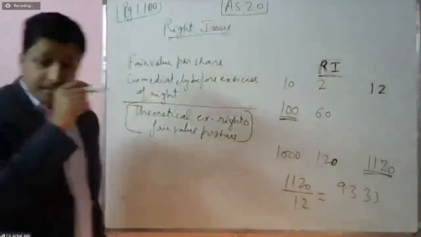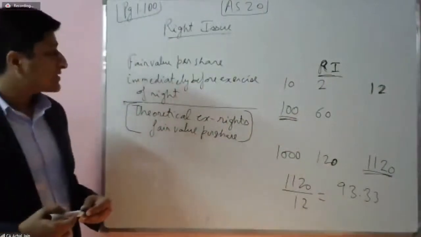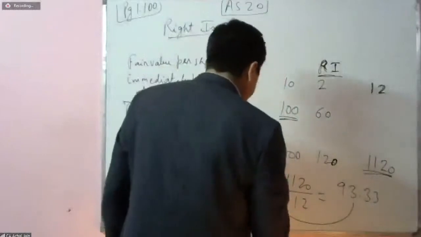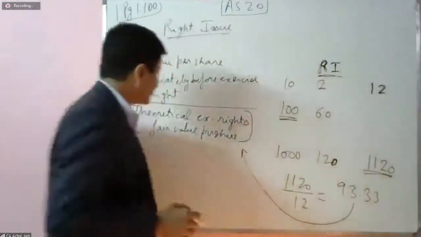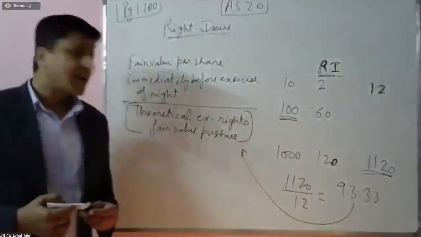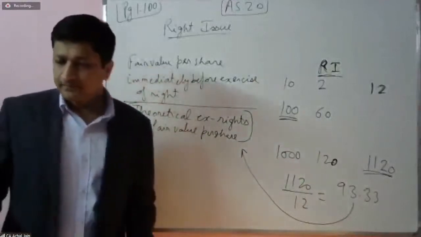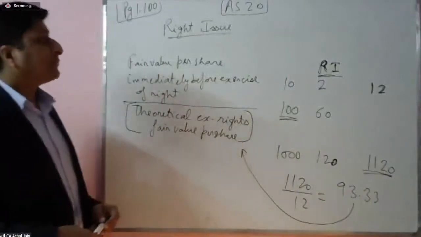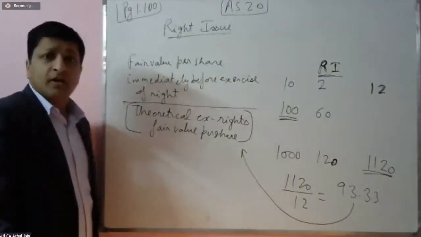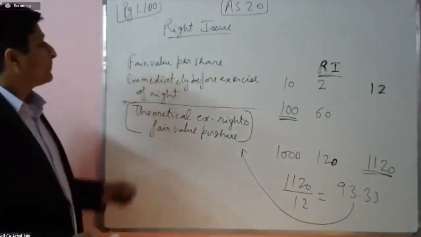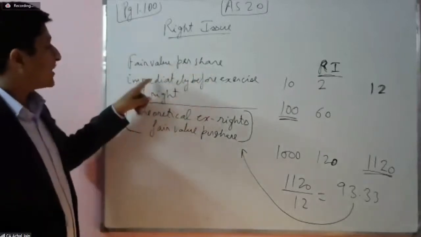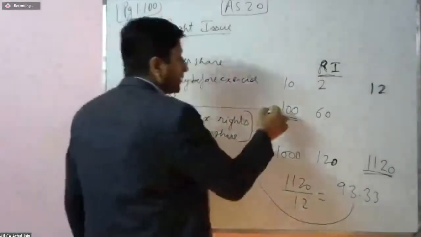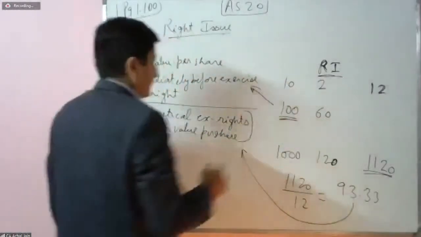Now what do we call this value? This is the denominator. This is the theoretical ex-right fair value per share. And for the purposes of the proportion that we are required to use, what will that proportion be? Fair value per share immediately before exercise of right. What was that? 100.